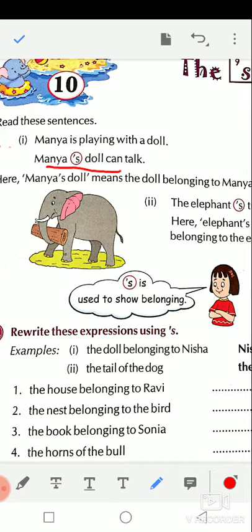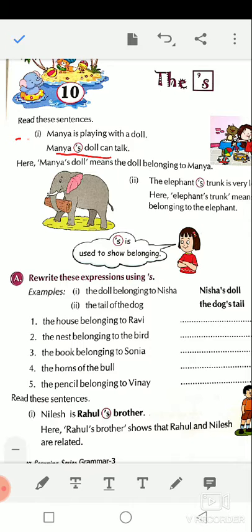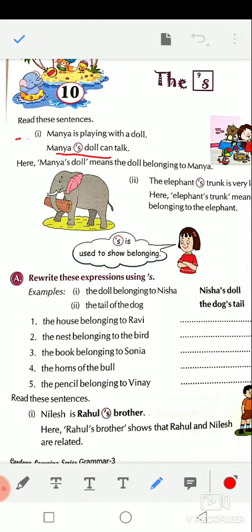So we can also say Manya's doll. In short form, when something belongs to someone, like this doll belongs to Manya, we can say Manya's doll can talk. Manya's doll means the doll belonging to Manya.